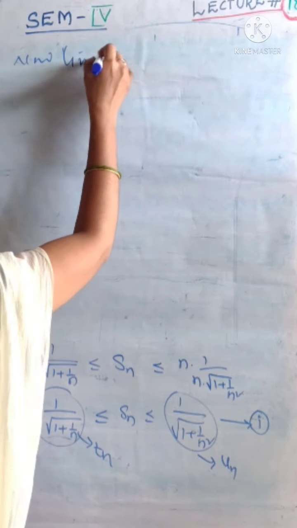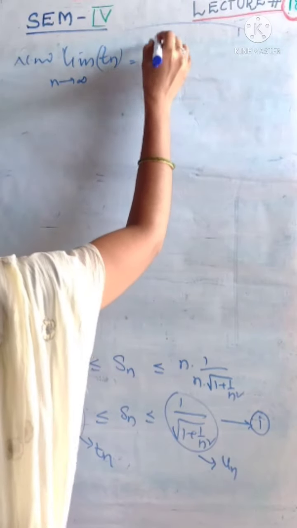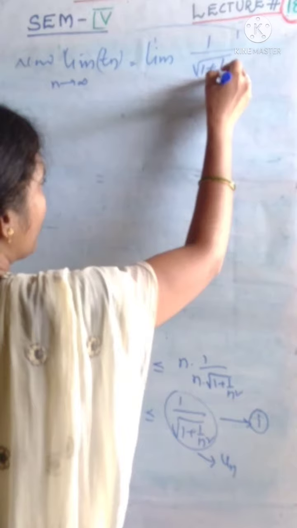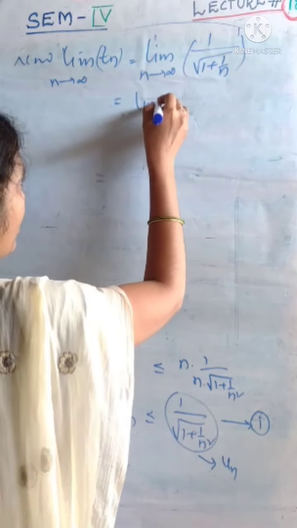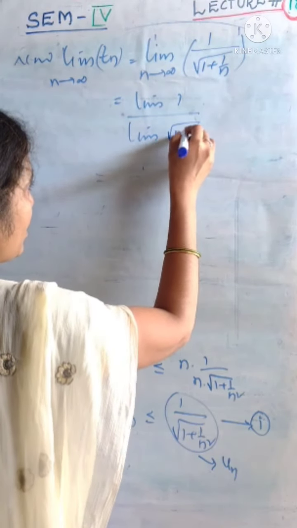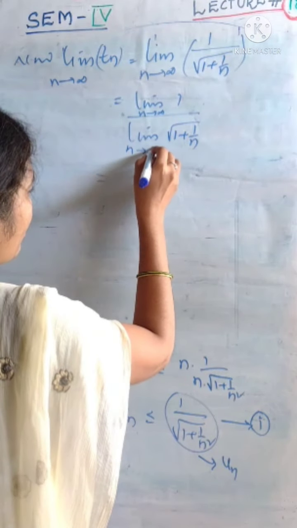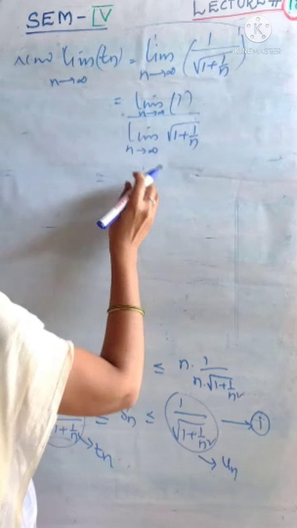Limit of Tn when n tending to infinity is equal to limit of, what is Tn here? 1 by square root of 1 plus 1 by n when n tending to infinity. This is equal to limit of 1 by limit of square root of 1 plus 1 by n, by applying algebra of limits. Limit of a by b can be written as limit of a by limit of b.